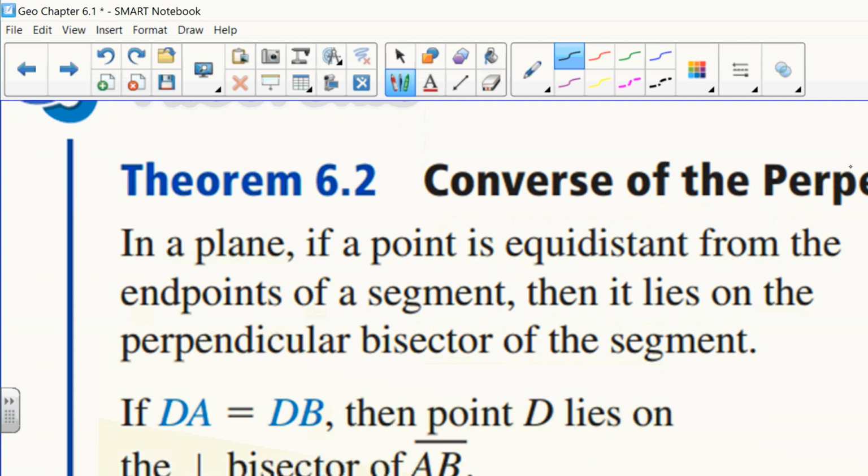Okay. Now we also have the converse of the perpendicular bisector. Now this is kind of going the other direction in that if we have a point that is equidistant from the two endpoints of a line, and it's on the perpendicular bisector, then it's going to lie on the perpendicular bisector. Really, if these two are congruent and we have a right angle still, then it's going to cut that line in half.